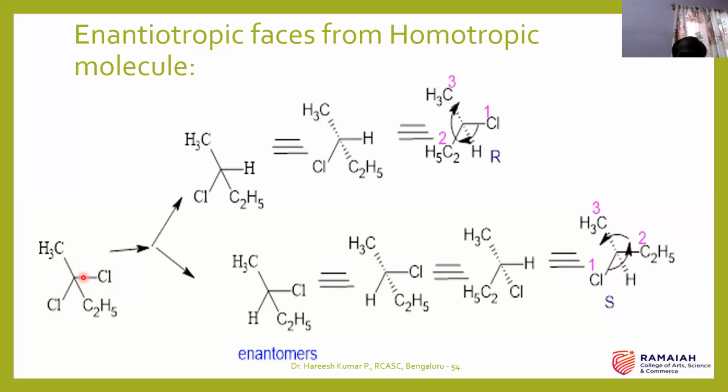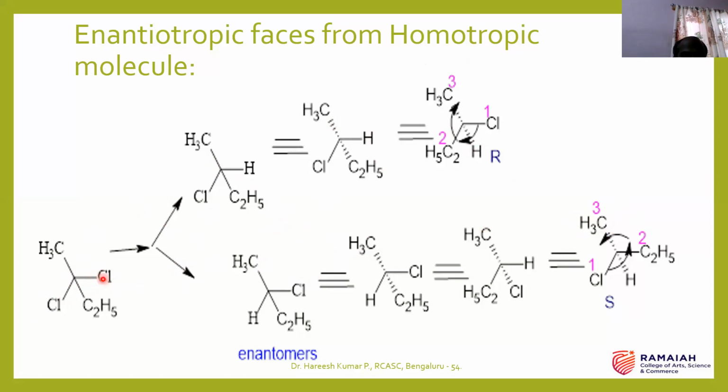That is the reason this molecule is enantiotopic, and this phenomenon is called enantiotopic. Homotopic and heterotopic: why is it homotopic? Because the two groups are the same. This process is called enantiotopic because you are getting enantiomers as the compound.